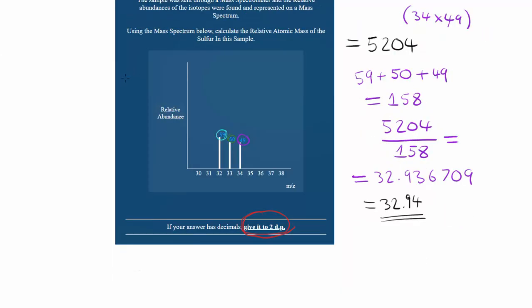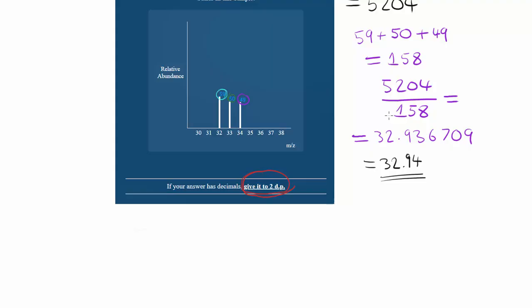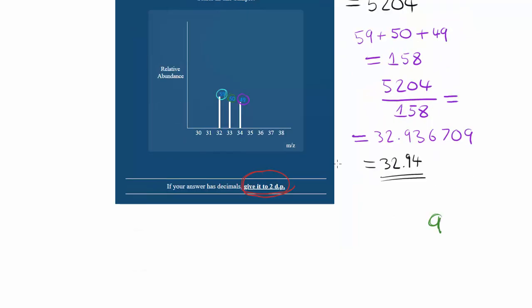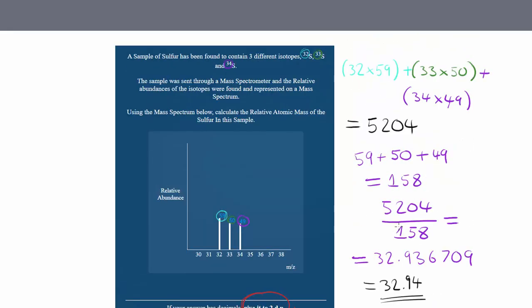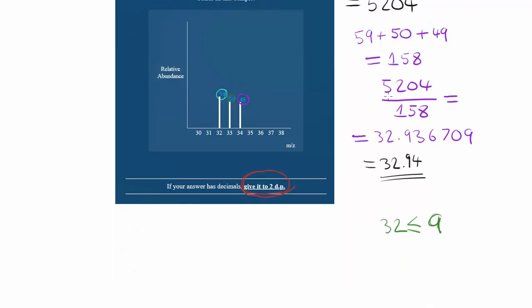So it would be something between 32 and 34. We could say that our answer A, which we have established is 32.94, should be greater than or equal to 32, and less than or equal to 34.